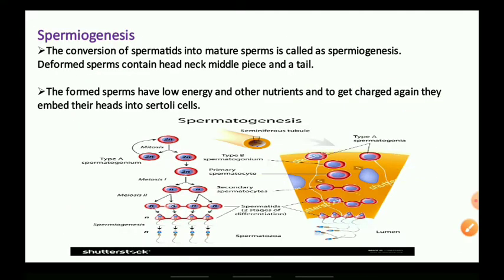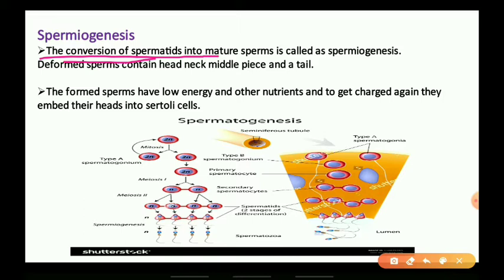Next, let us proceed. Now, spermiogenesis. What is the process called spermiogenesis? What do you mean by spermiogenesis? See, children, the conversion of spermatids into mature sperms is called spermiogenesis.